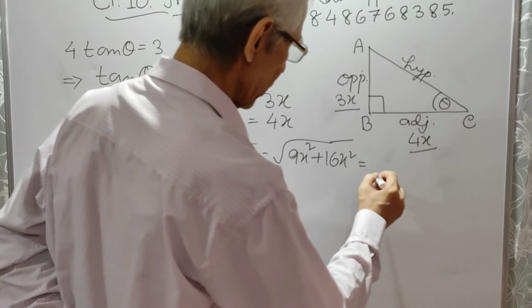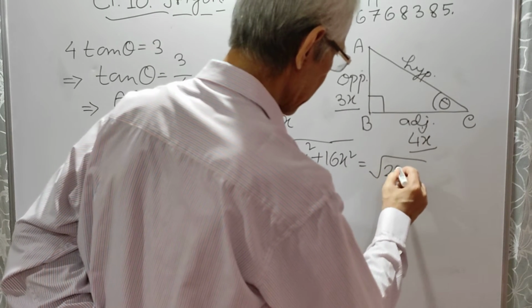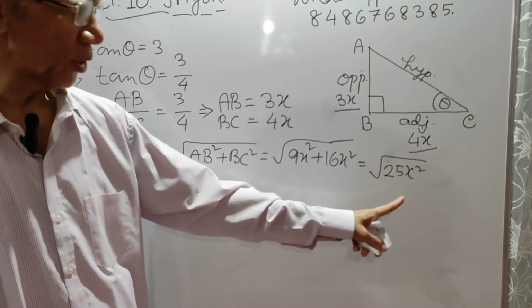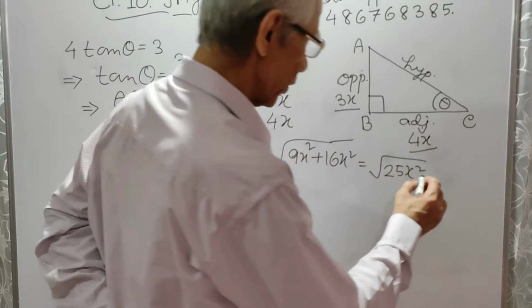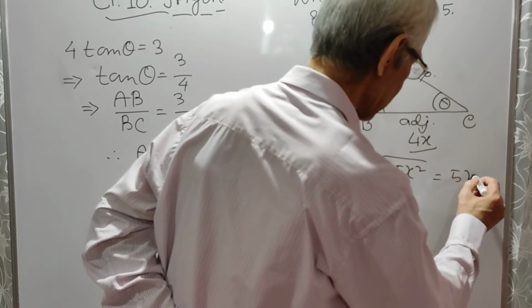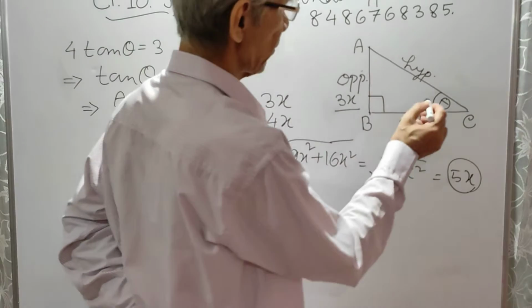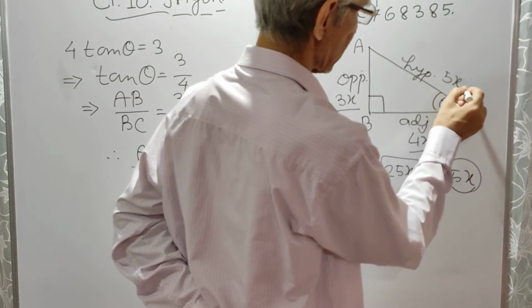So what you get? Square root of 25x square. Isn't it? 9x square plus 16x square is 25x square. Now root over this is 5x. So AC equal to 5x.